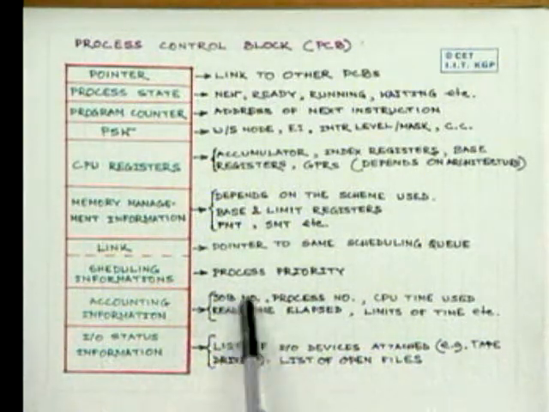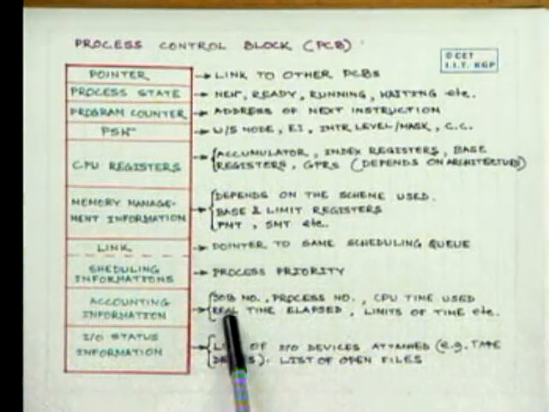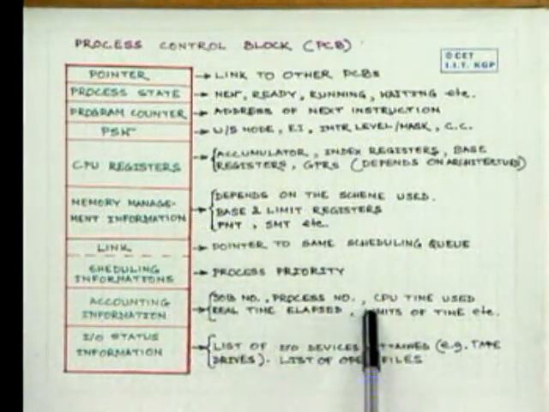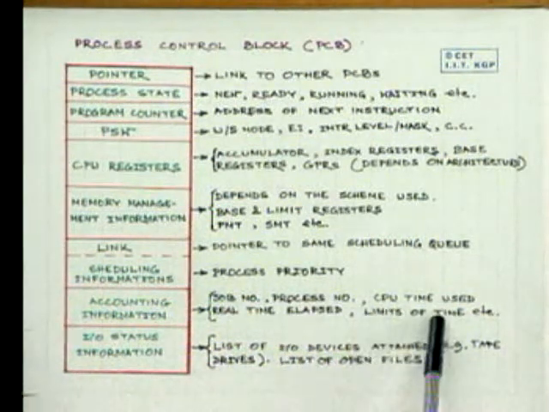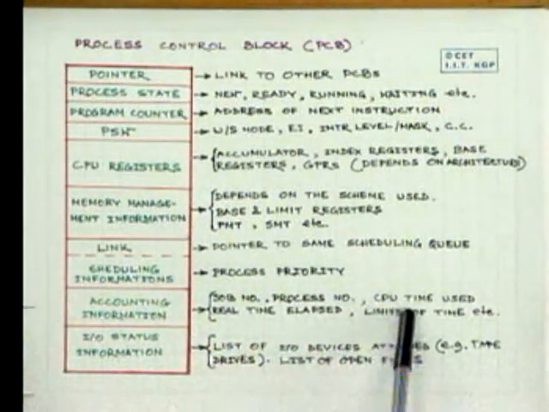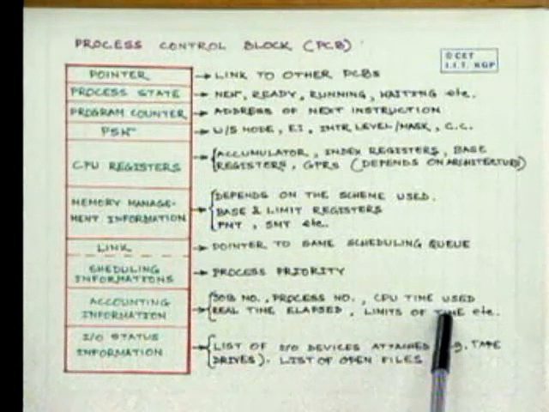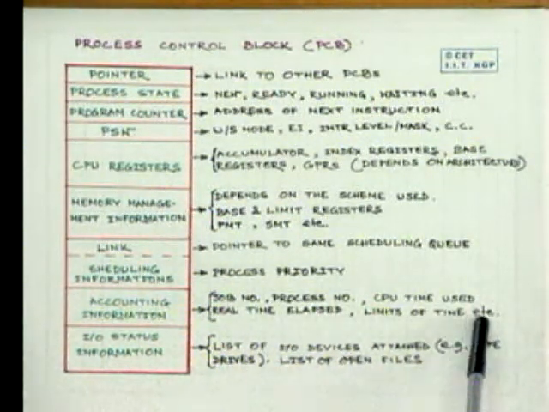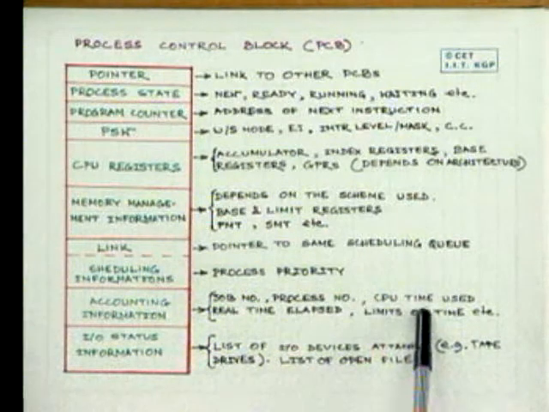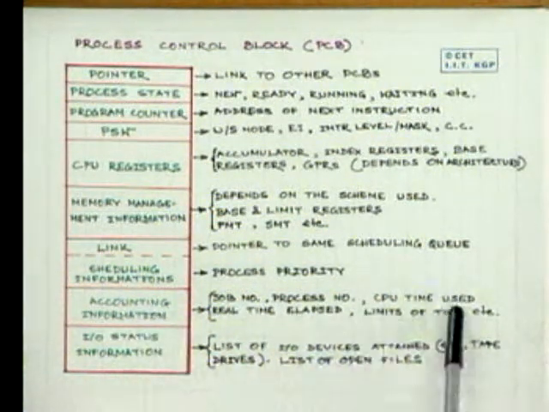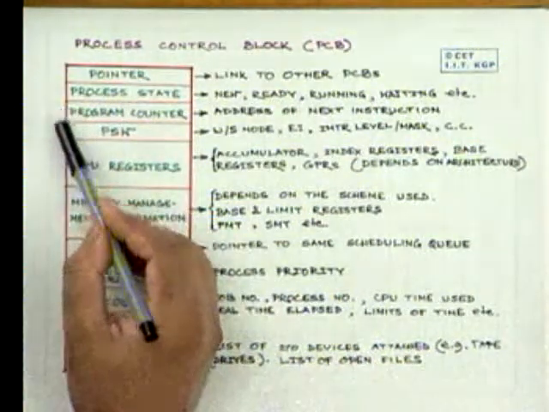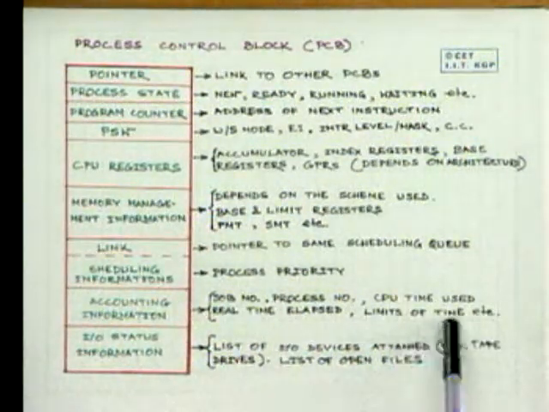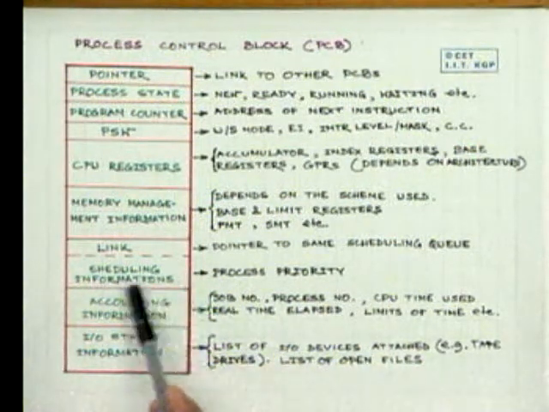Limits of time, that means how much time is permitted for this particular process, possibly the CPU time permitted to be used by this process, or a time limit such that if it is exceeded, this process should be ejected out of the system. Such information can be kept as accounting information here.